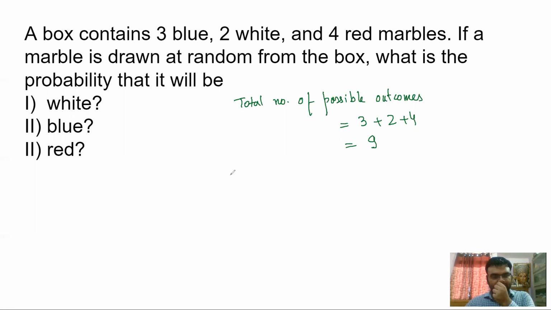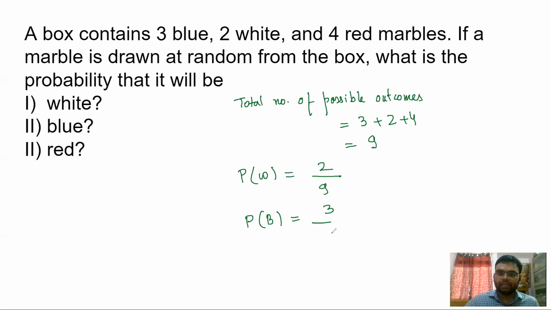And our interest is for white. So the probability of getting white is the number of favorable outcomes, which is 2, divided by 9. Similarly, for blue, we have 3 blue out of 9 marbles, right?